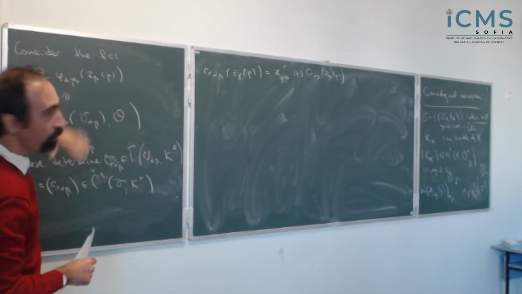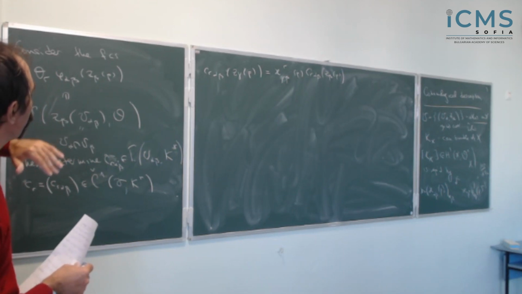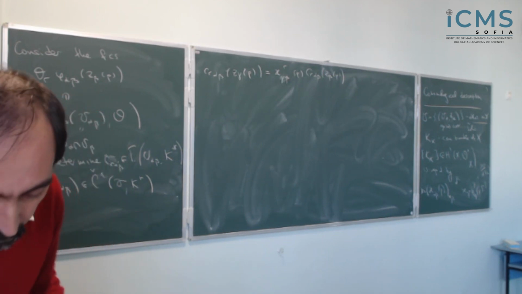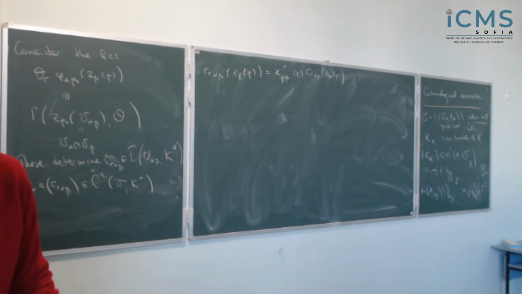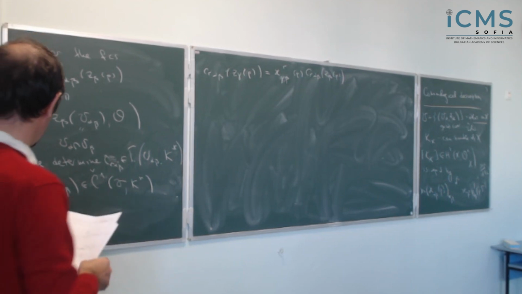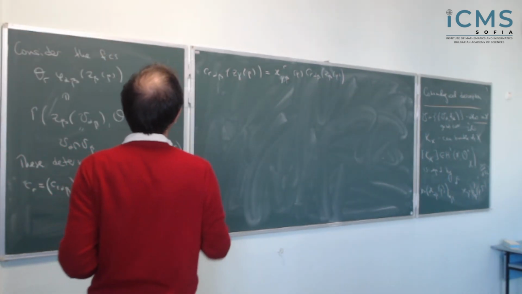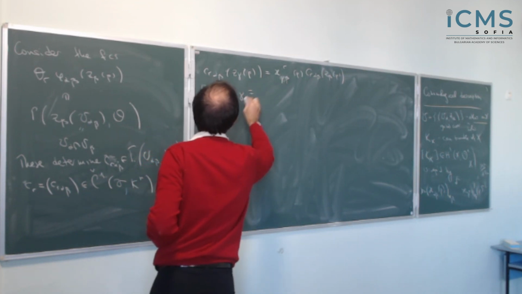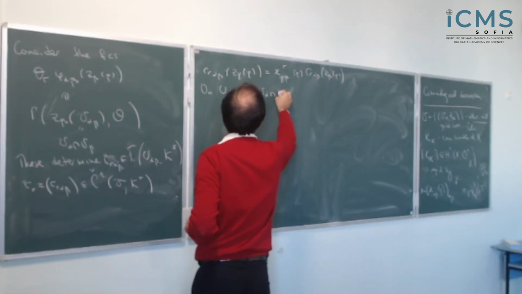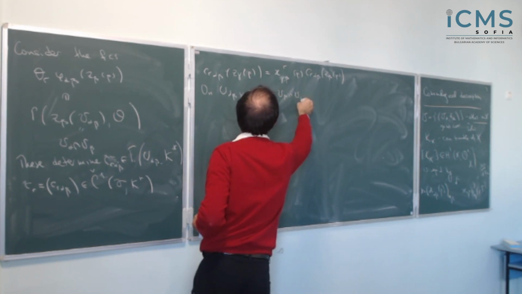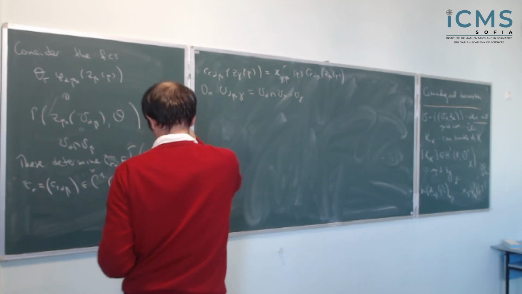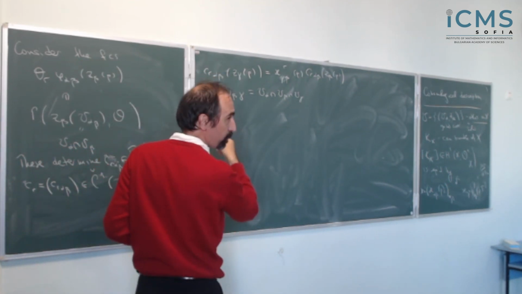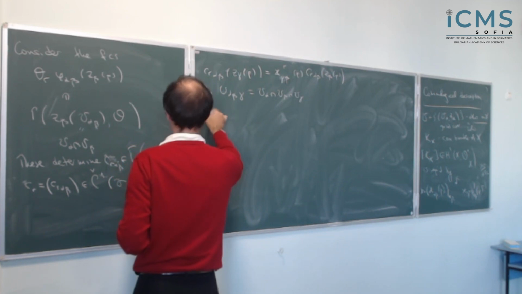Now, what happens if we patch? If we look at an open set alpha beta gamma, we see the following. Again, I'm using the lemma, the chain rule, a number of times.